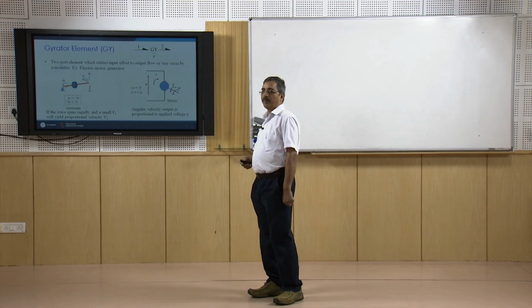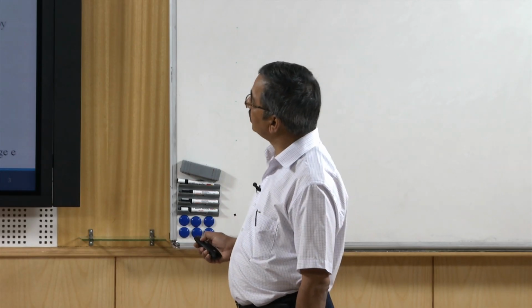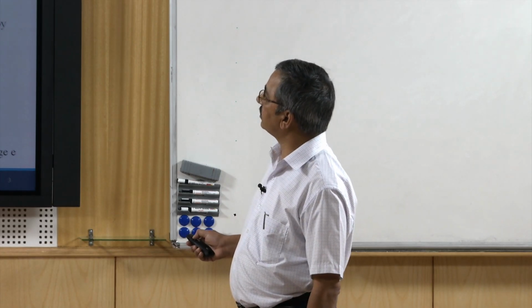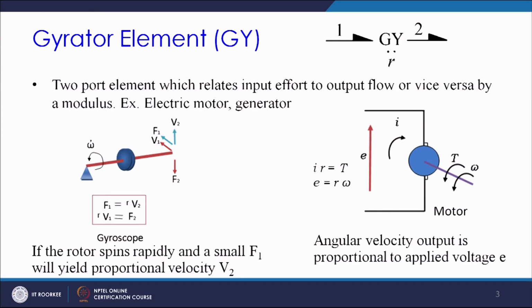Next, another very important bond graph element is the gyrator, which is represented here like this. So, you have the input side and output side.